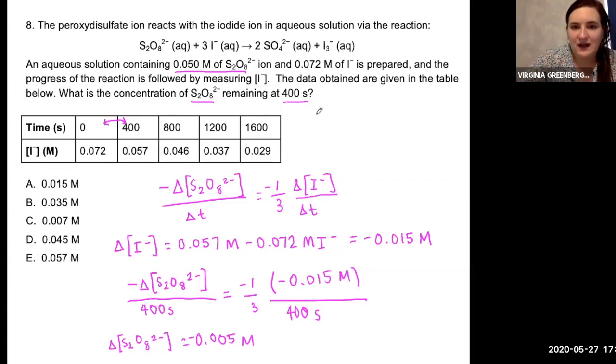So then I can go ahead and use my initial concentration, which was 0.05 molar, and combine it with my change, and see that my final concentration then will be 0.045 molar.